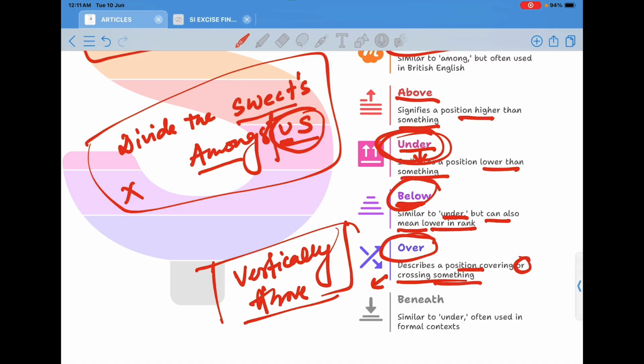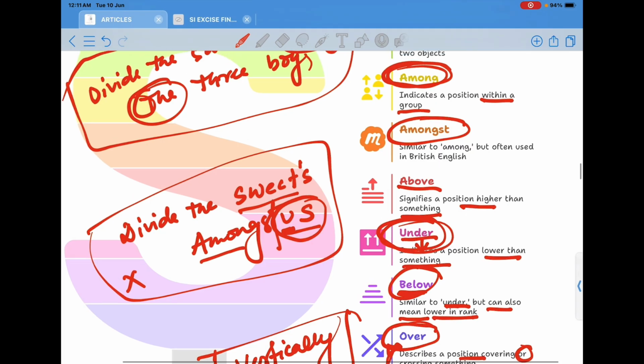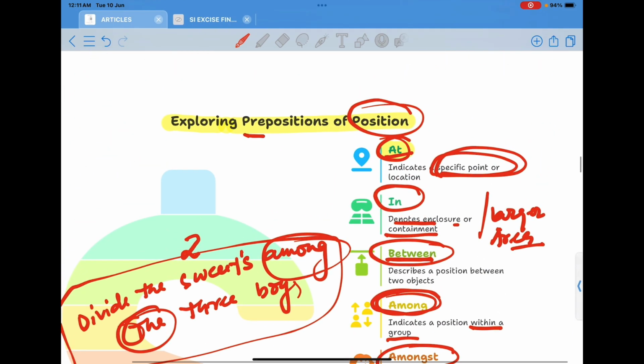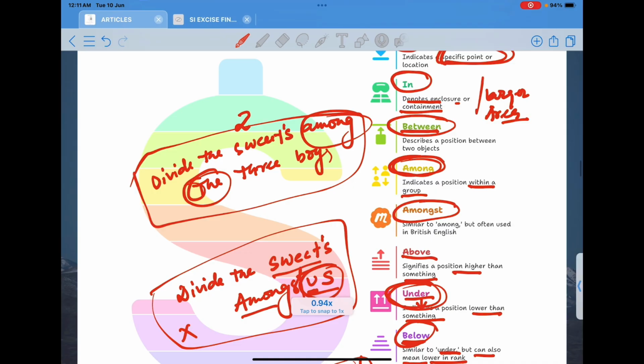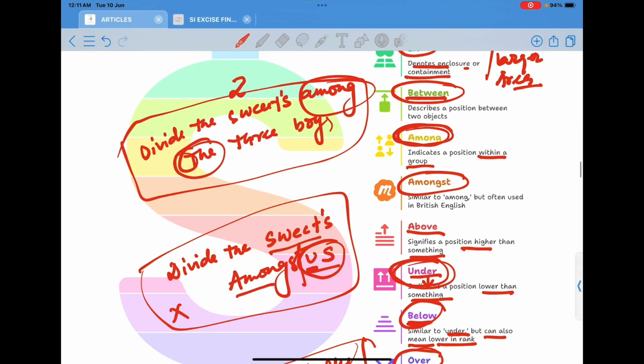You can also say the bathroom is over the kitchen. Next, beneath. It is similar to under but often used in a formal context. For example, the ground was slippery beneath her. So these are the different prepositions related to positions you should know. And remember to learn the exception, for example, when to use among and when to use amongst.